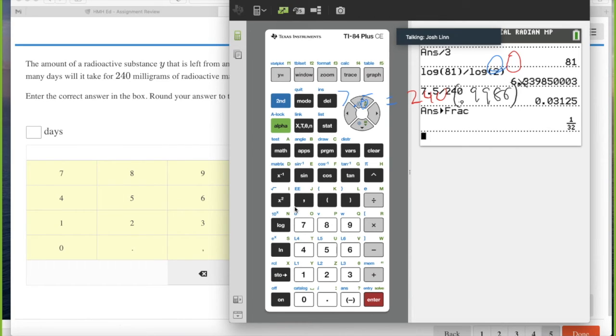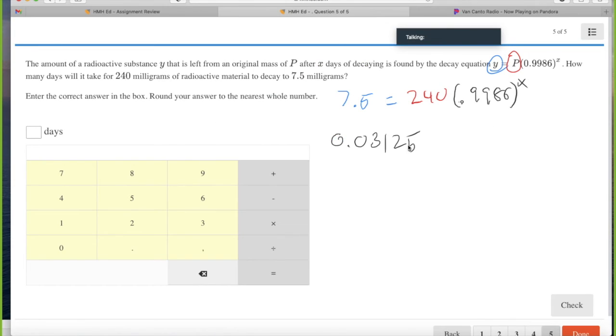Yeah, we'll just leave it all in decimal points. So 0.03125 is equal to 0.9986 to the power of x.